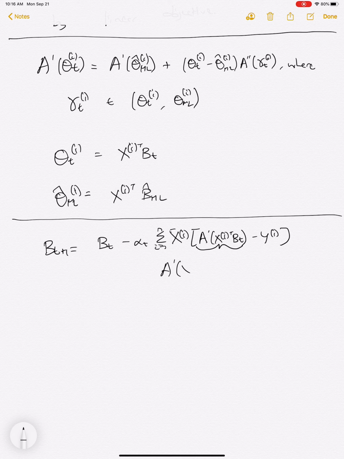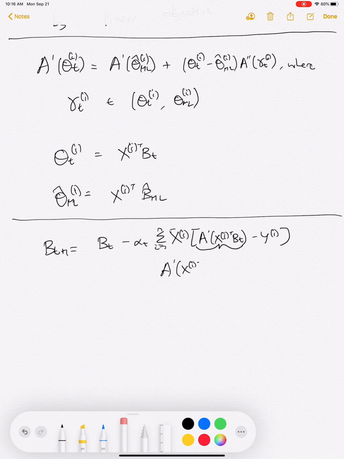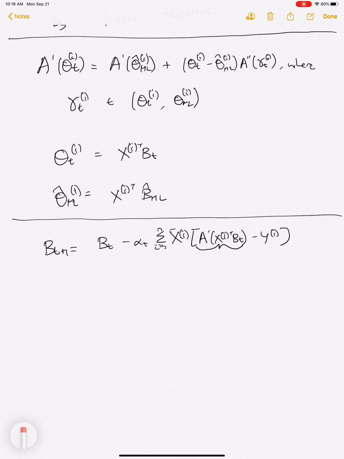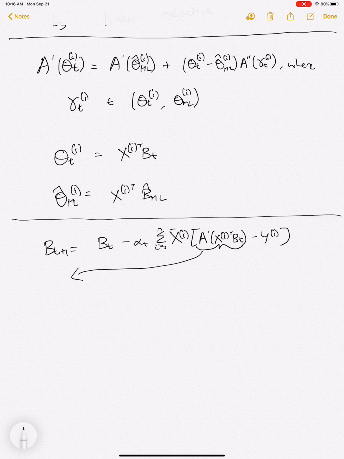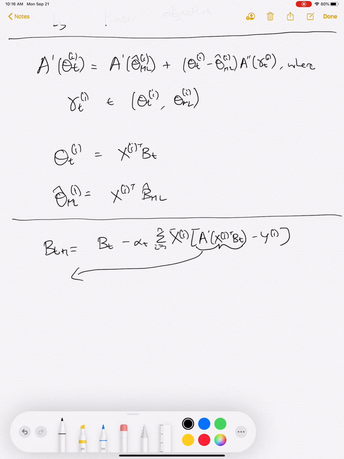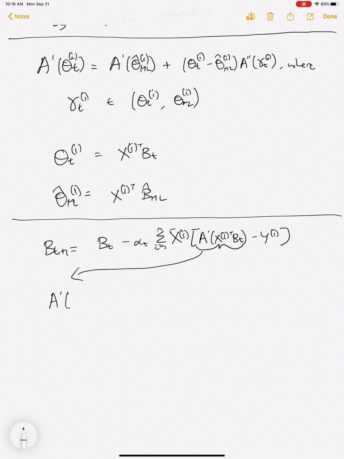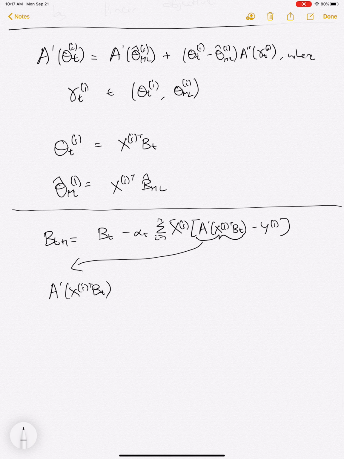This is going to be equal to a prime of x i transpose b t.